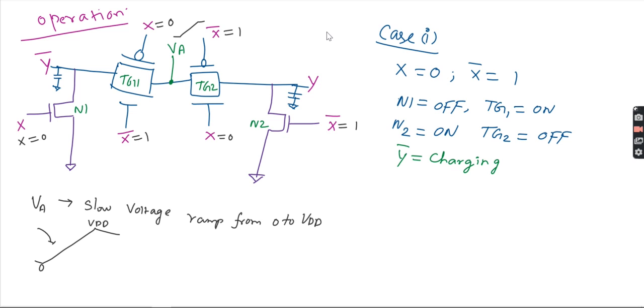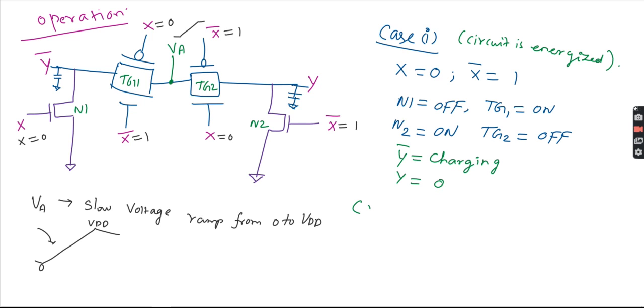What about Y? It doesn't have a value, it is 0, because initially there is no charge. So Y will be equal to 0, and I can say the circuit is energized.